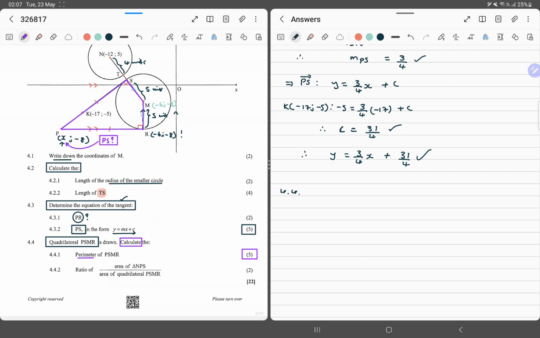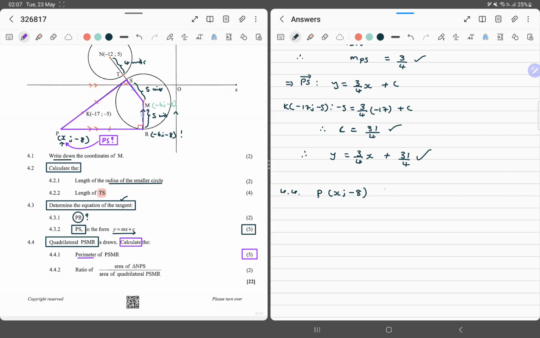Now let's have a look here. What is the story there? The story that we want to tell is the fact that point P is essentially (x, -8). Why is that?